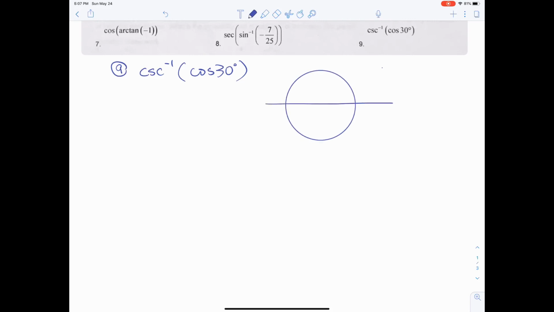Draw a unit circle. Find 30 degree. This is 30 degree. So let's see the x value. This is all positive because it's in the first quadrant.